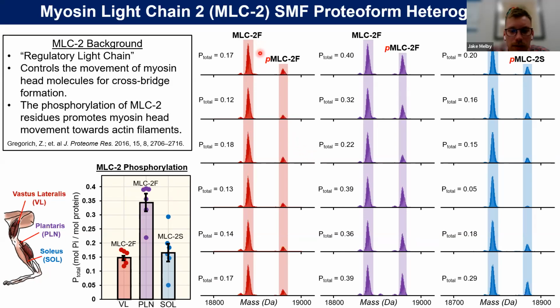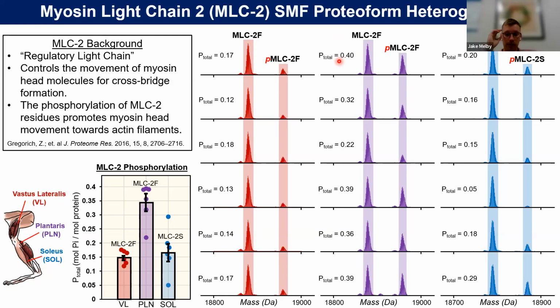Whereas for the quad muscle, you can tell visually that the values are more consistent, quantified around 0.15. And then for the plantaris muscle, again showing some pretty remarkable heterogeneity from, for example, 0.22 to about twice that, 0.4.